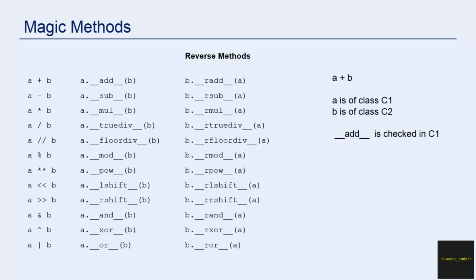If such a behavior is not defined in class c1, then it checks class c2 for the reverse dunder add method. In our example that we have seen on IDLE, the expression f1 plus 3 is evaluated as this and 3 plus f1 is evaluated as this. If an operation is non-commutative, then by using these reverse method operators, you can define different behaviors.